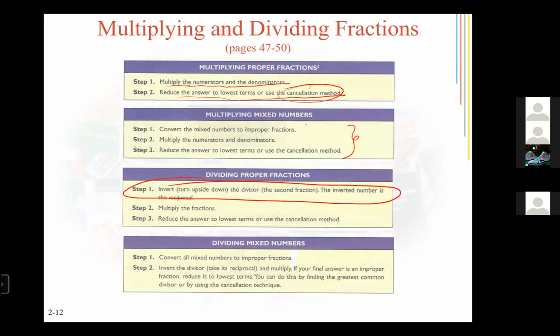Okay, so which one is the divisor? If we divide two fractions, one of the fractions is your divisor. The first one or the second one? The second one. That's the one you're dividing by. So that's the one you're going to invert.